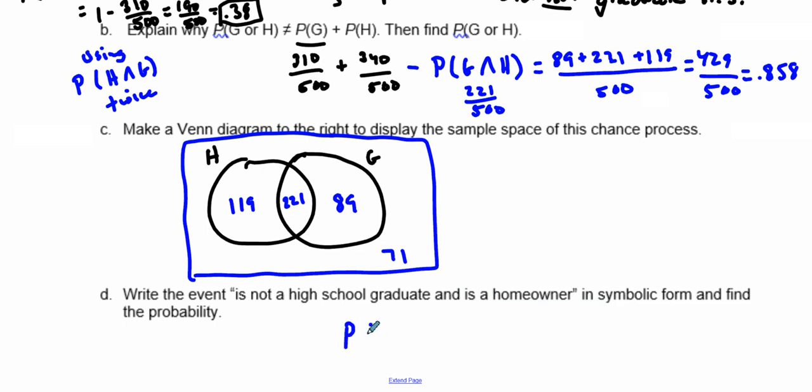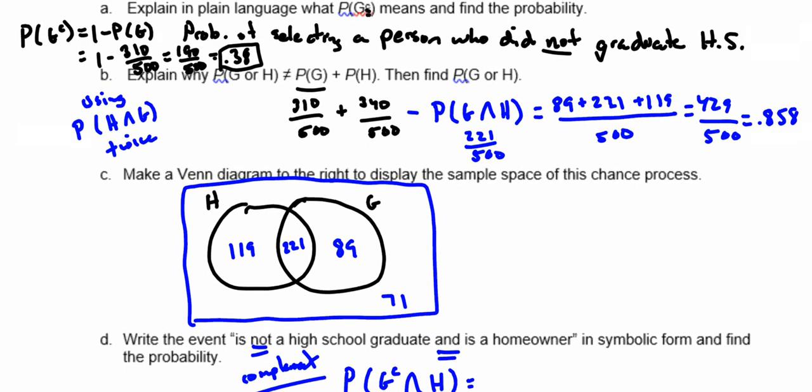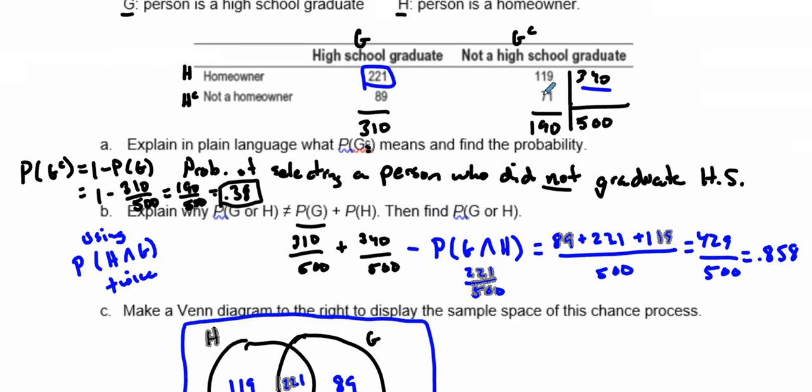So the probability of not being a high school graduate and is a homeowner. We're going to just say H right there. So the not adds in the complement. Okay, so we have not being a high school graduate and being a homeowner.